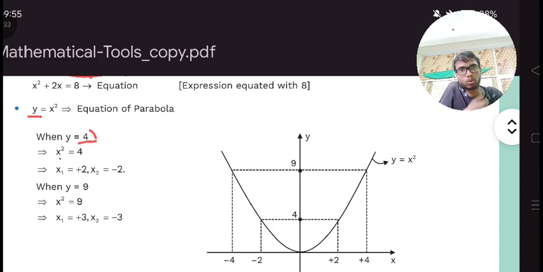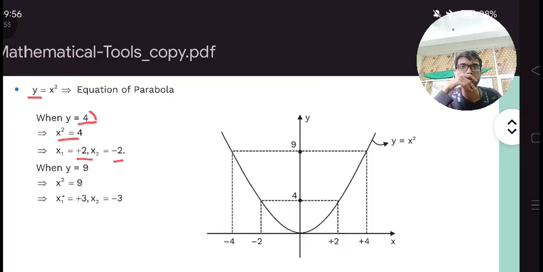It is giving you x as 2 or x as minus 2, minus 2 or plus 2. This is what is happening.